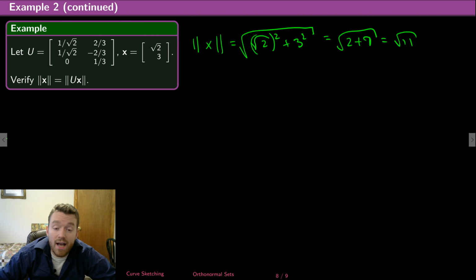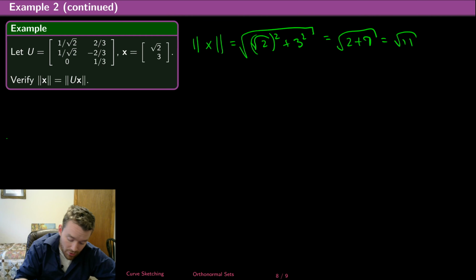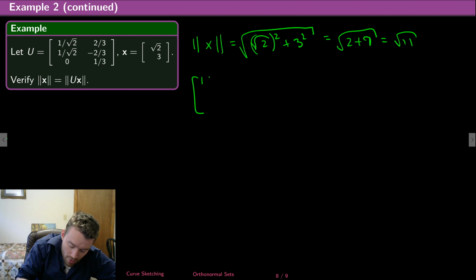So I want to check now that the norm of Ux is equal to square root 11. So first I'll multiply and then I'll take a norm. 1 over root 2, 2/3, 1 over root 2, negative 2/3, 0, 1/3, times root 2, 3.